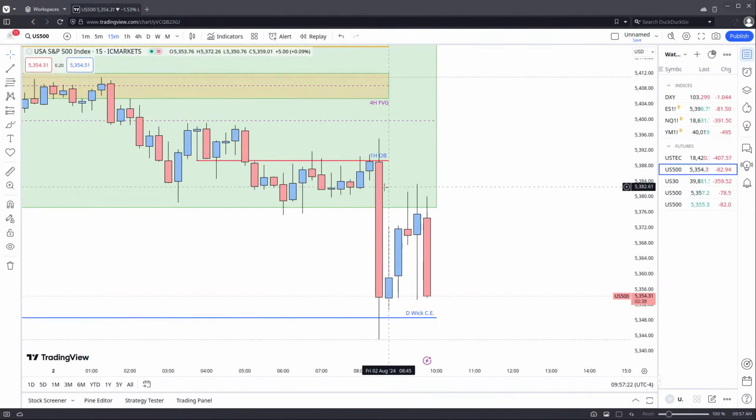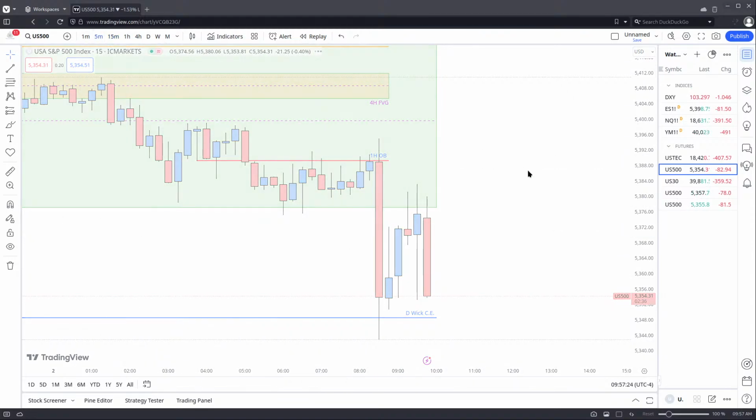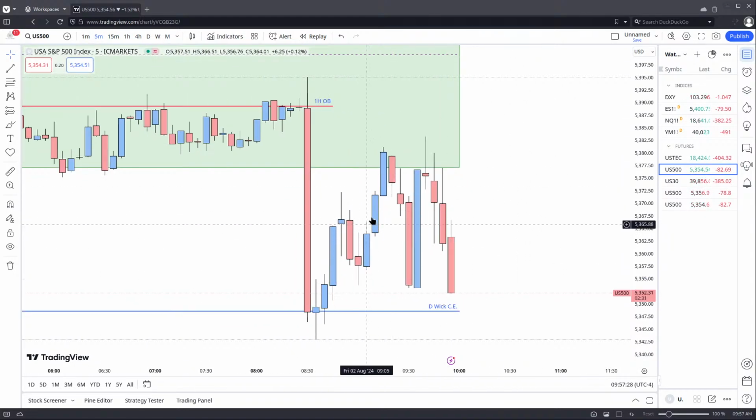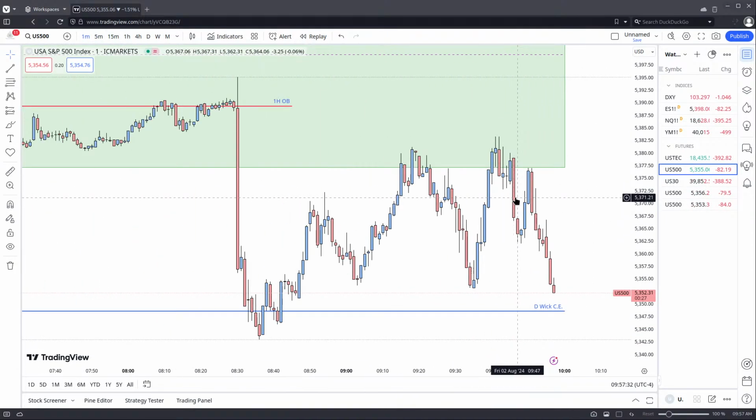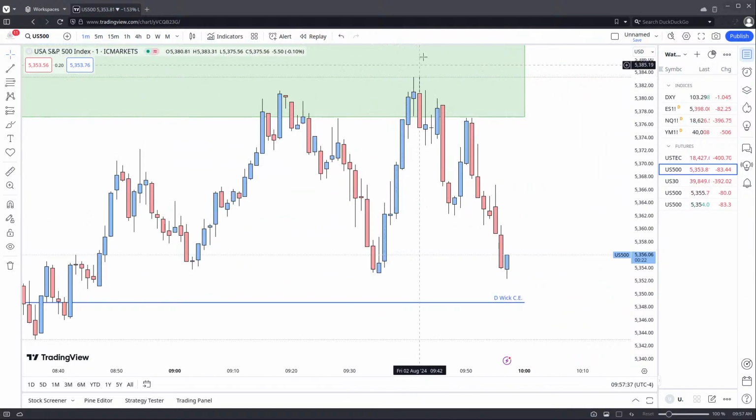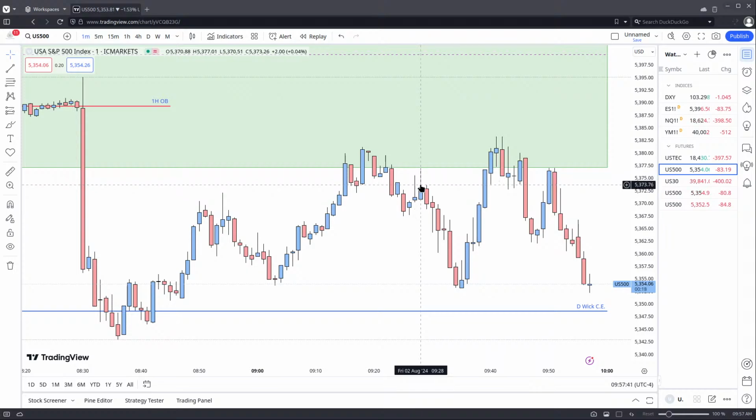On a 15, again, you could mark this out. On a 5, you might have been looking at this fair value gap at the time. On a 1 minute, see that? Nice little setup coming into play. They also had a nice break block, 928, high, low, higher high. Nice break block, tanking it off.